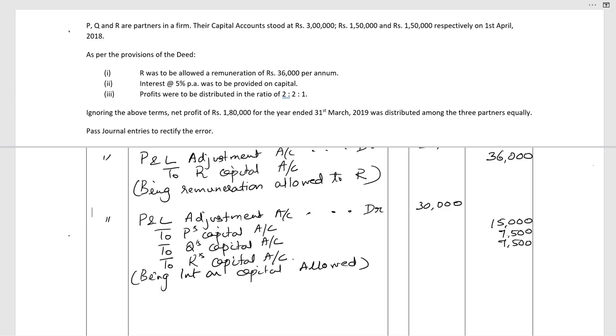We have rectified the errors, and the next step is to close the profit and loss adjustment account and transfer the balance to the partner's capital accounts in the correct ratio, which is 2:2:1. Let's find out the debit totals and the credit totals.